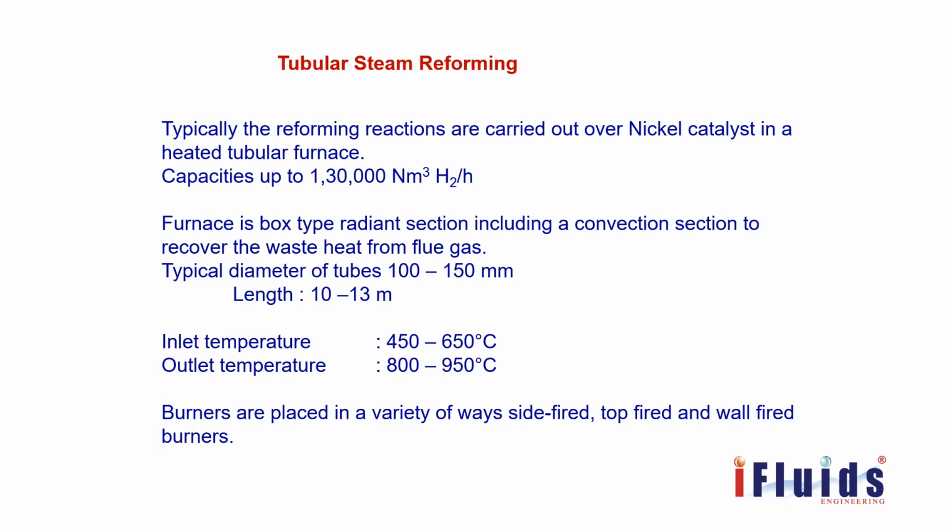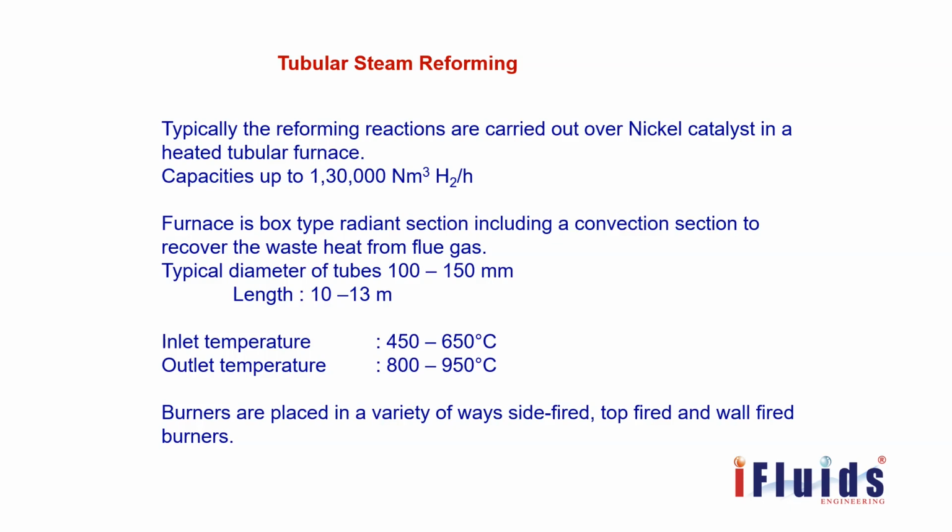The reformer is a box type furnace, with a radiant section and a convection section. In the convection section we recover the waste heat from the flue gas. The typical diameter of reformer tubes is 100 to 150 mm, and the vertical length of the tube is 10 to 13 meters.